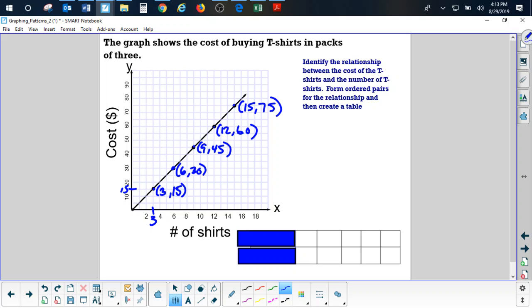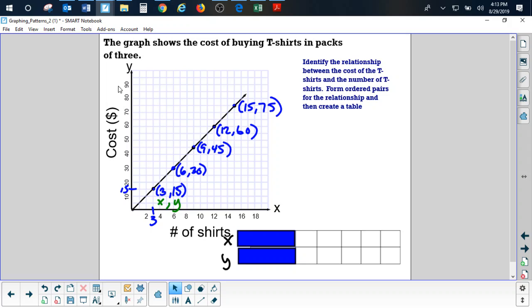I can take all of those points and start moving them onto the table. I do need to remember, though, that the first number in my coordinate pair is always my x. The second number is always going to be my y value. When we're creating our table, we always want to make sure that the value of the x goes on top, and the value of the y goes on the bottom.